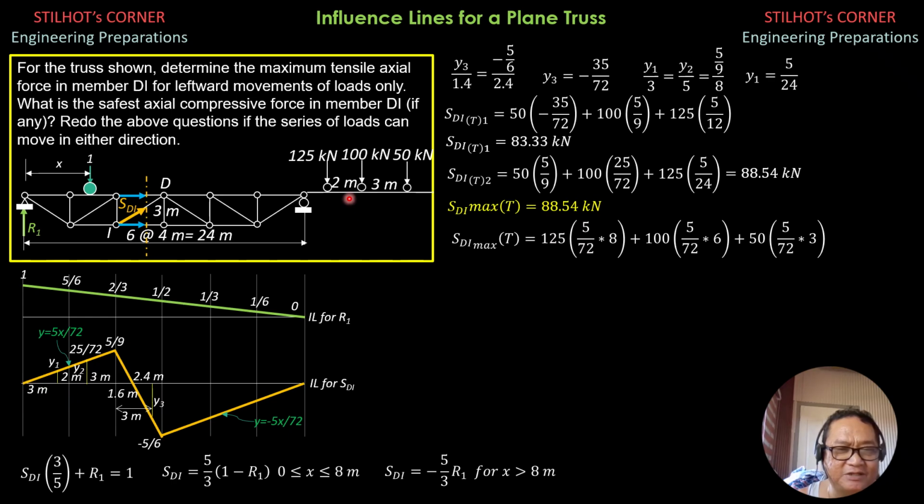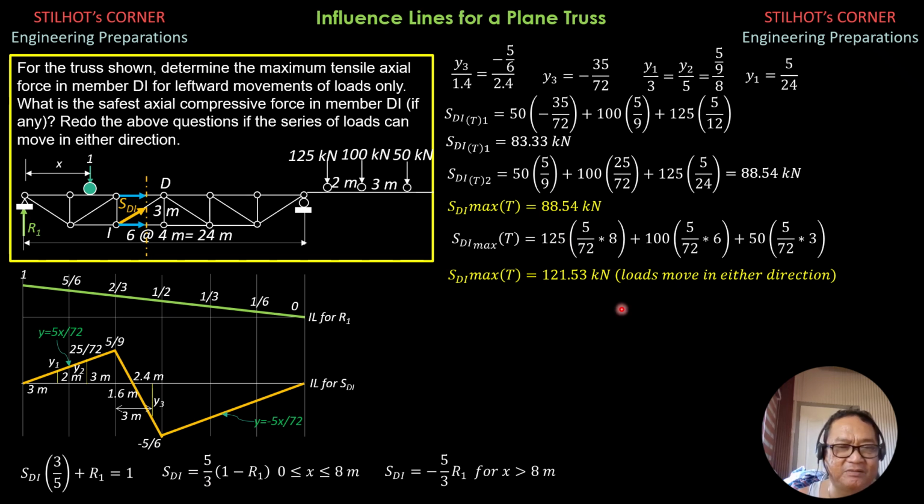Then the 50 kilonewton load would be 3 meters from this end. So plus 50 times 5 over 72 times 3. Computing, SDI max is 121.53 kilonewtons when the loads can move in either direction.